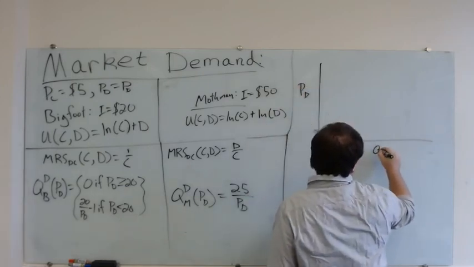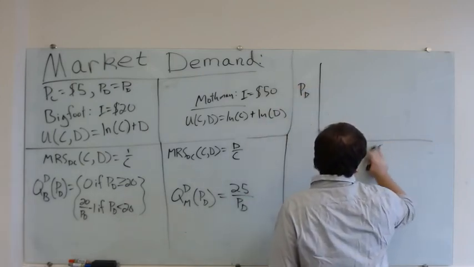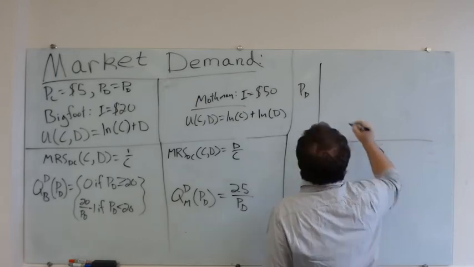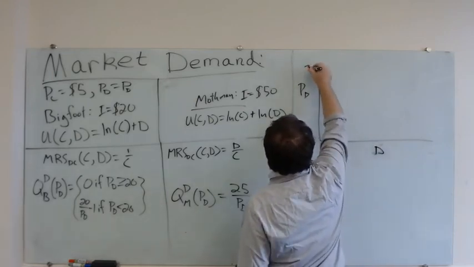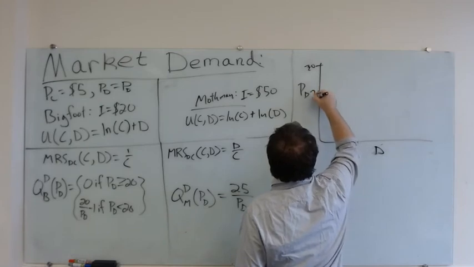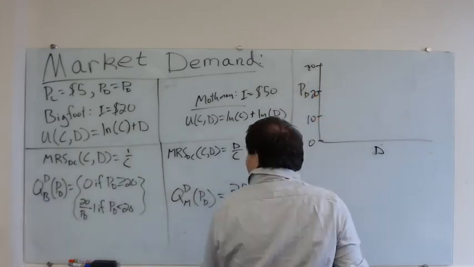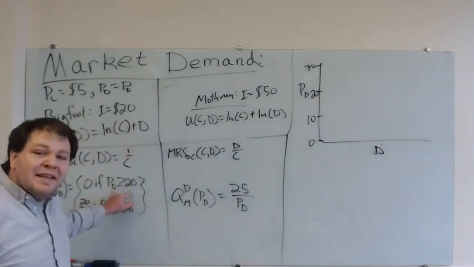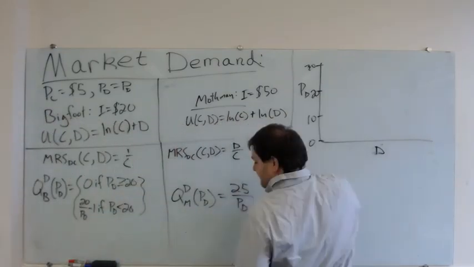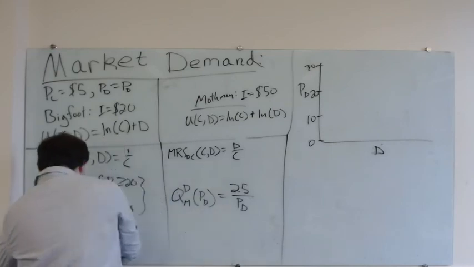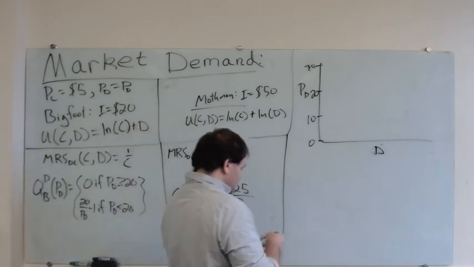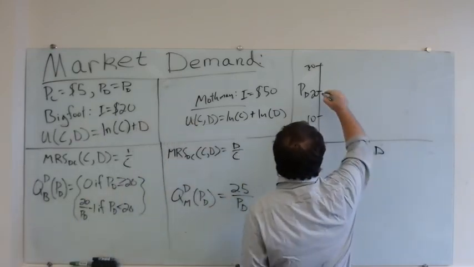Let's say at a price of 30, 20, 10, and 0. We know that our demand for Dali paintings is 0 until we hit a price of 20. And then, sorry, our Bigfoot demand for Dali paintings is 0 until we hit a price of 20. And then it decreases according to this.